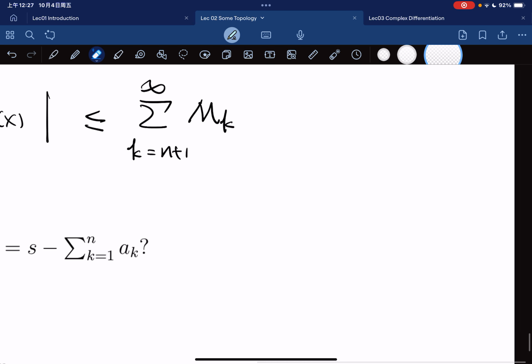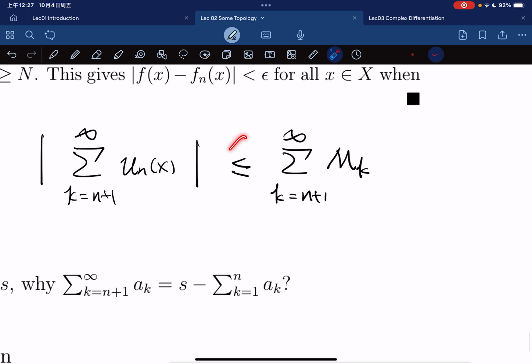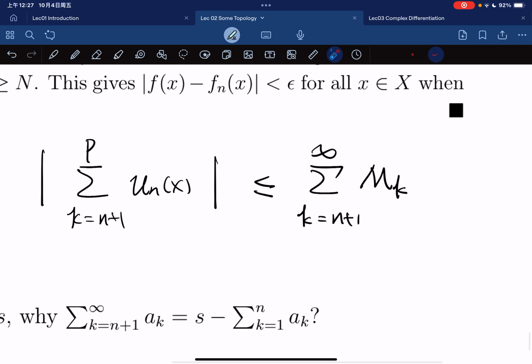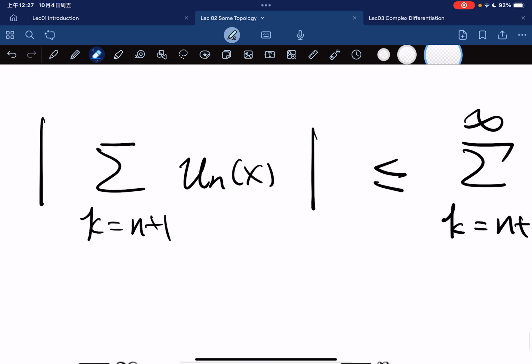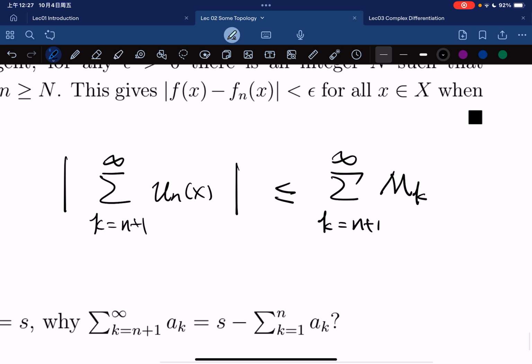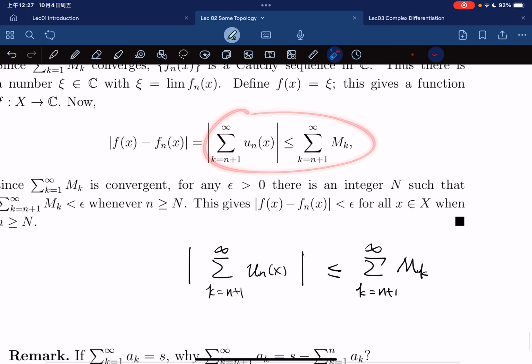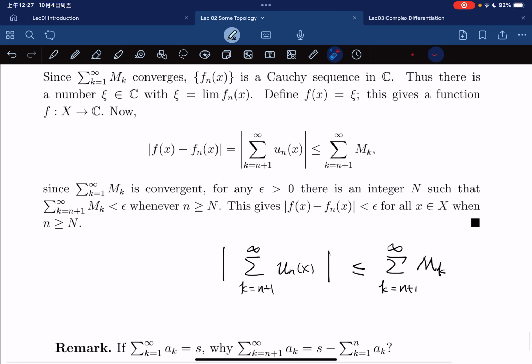This explains it: all the terms here are bounded by this, so the limit is still bounded by this.